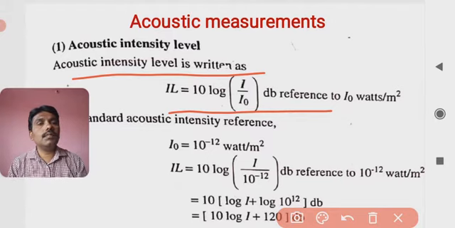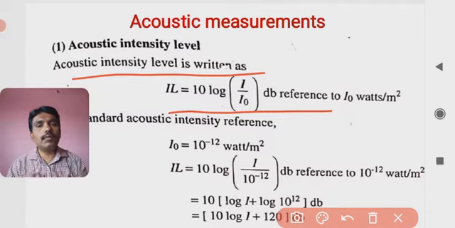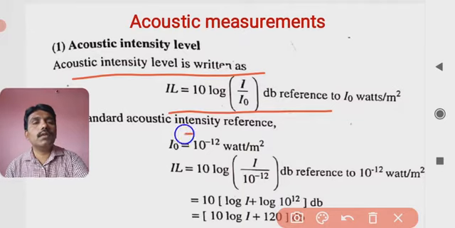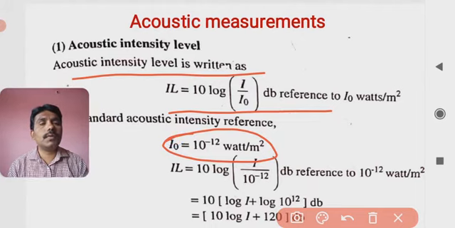This intensity level, or IL, tells how much the acoustic level should be in a room or in a hall. That standard acoustic intensity is referred to as I0, and it is given as the value 10 raised to minus 12 watts per meter square.